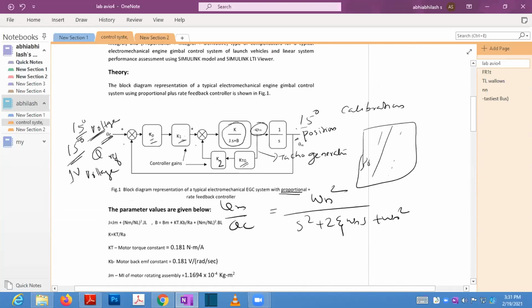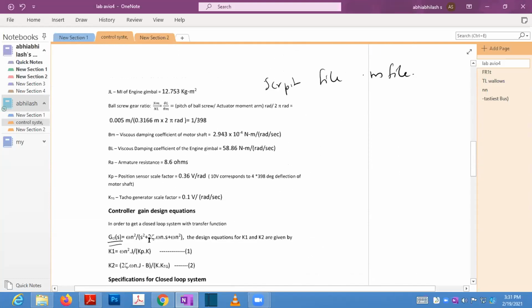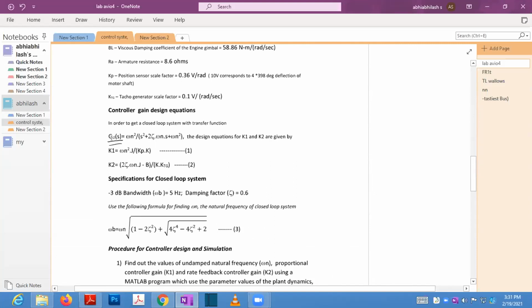So you will get these values, which are known, given here. If you compare these two, you will get K1 as this, equation number 1, K2 as this one. And this omega n value is equal to this one. Omega b is given. These are the specifications given to you. You have to design a controller with minus 3 dB bandwidth of 5 Hz and damping factor of 0.6.